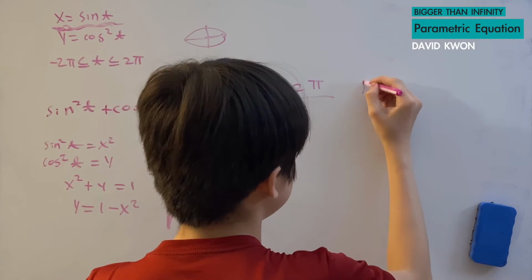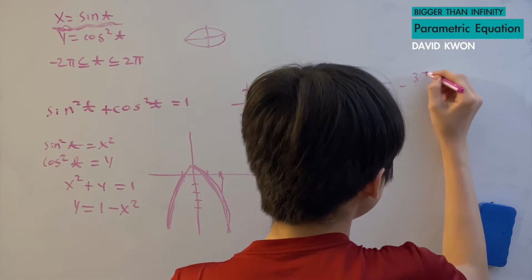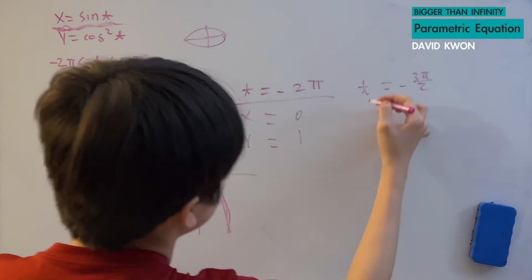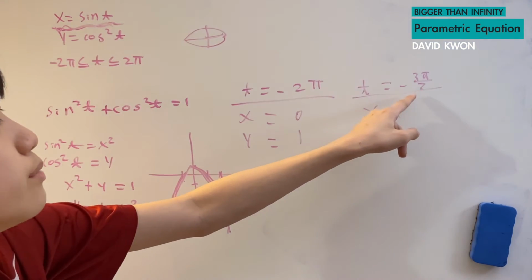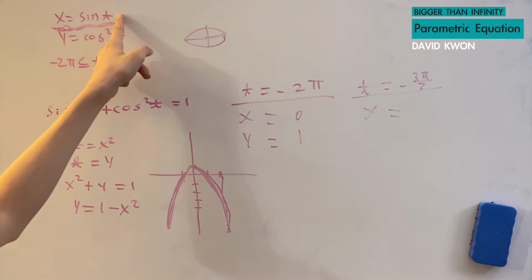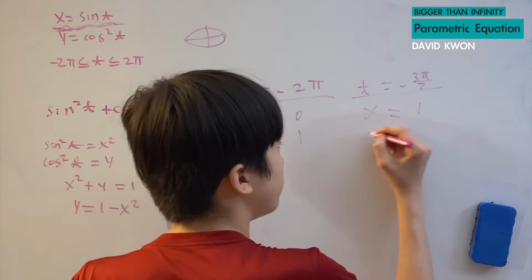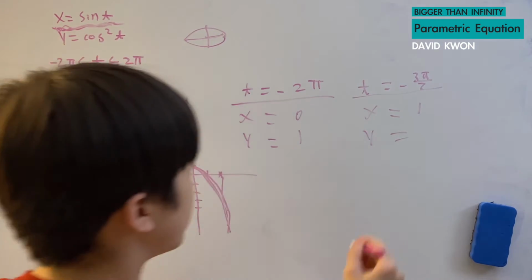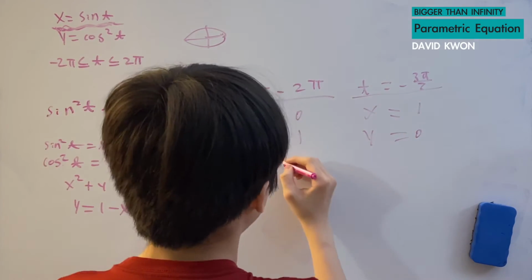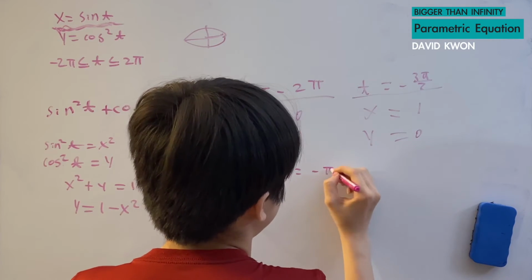Now let t be equal to minus 3 pi over 2. What happens if I put t is equal to minus 3 pi over 2 in here? x is equal to 1, and that means y is equal to 0. Now we set t equal to minus pi.